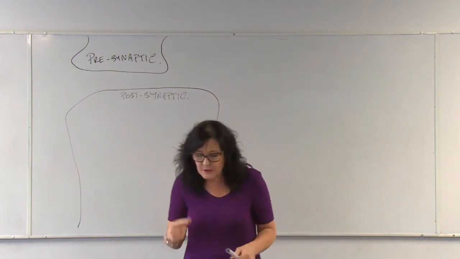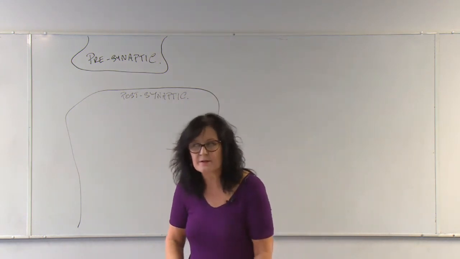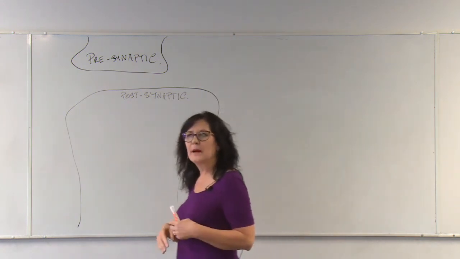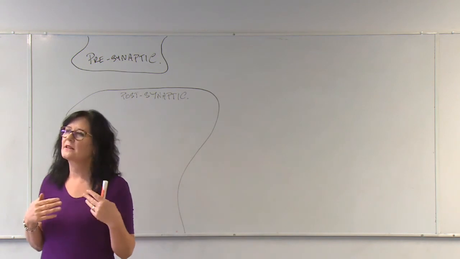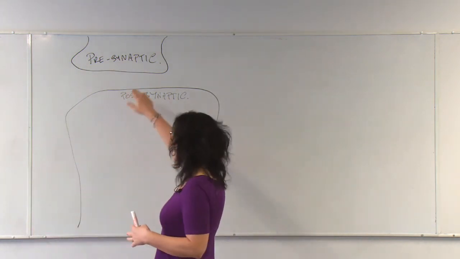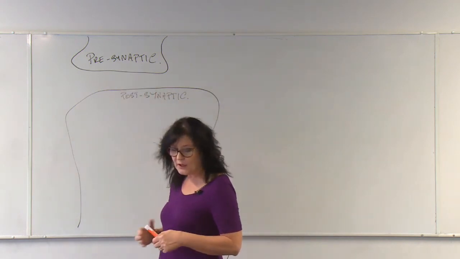Okay, in terms of the presynaptic changes that we get in long-term potentiation, we talked about an increase in glutamate, and in studies they have noticed that there's an increase in glutamate released into the synaptic cleft.